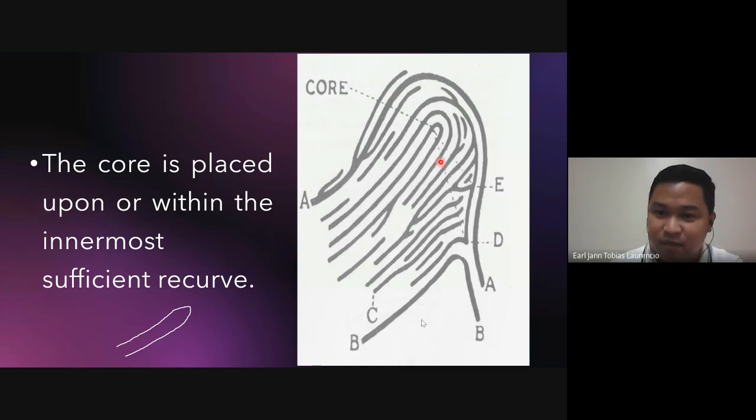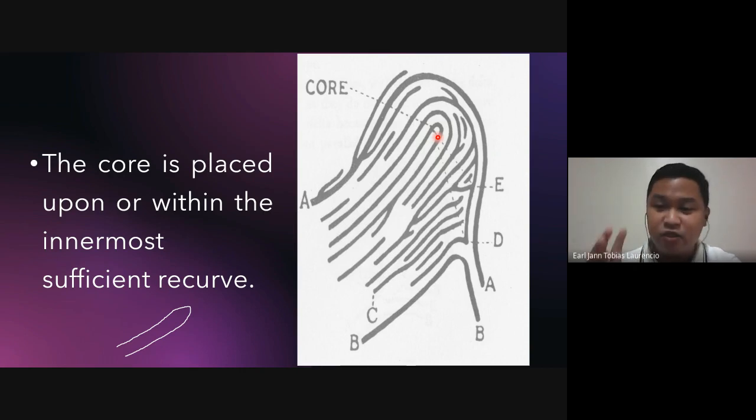This one, the one I am now pinpointing, that part of the loop or the recurving ridge is the shoulder of the recurving ridge. Now, what are we going to do with that shoulder?